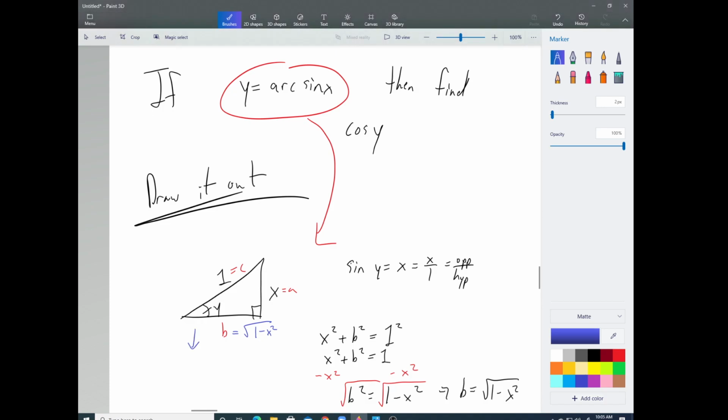And now I can say that I can find the cosine of y because it's going to be the adjacent side divided by the hypotenuse.